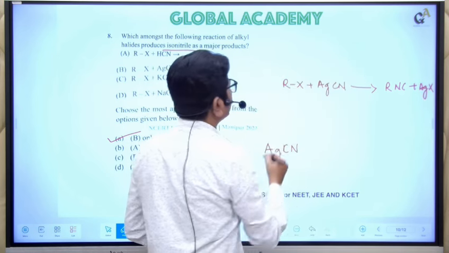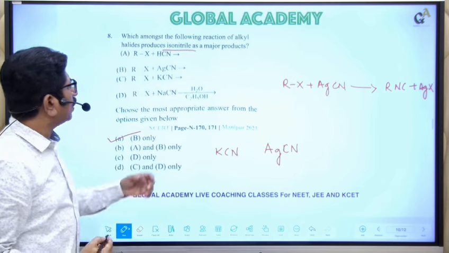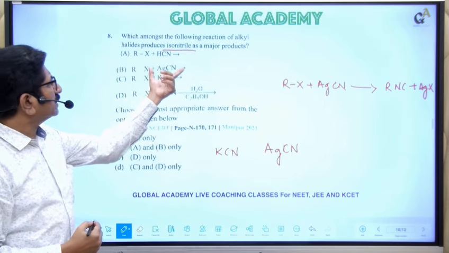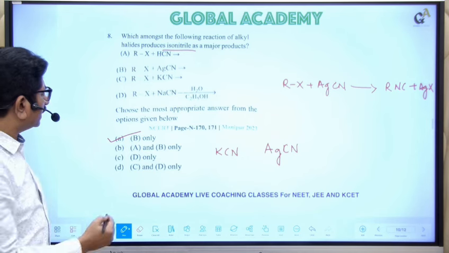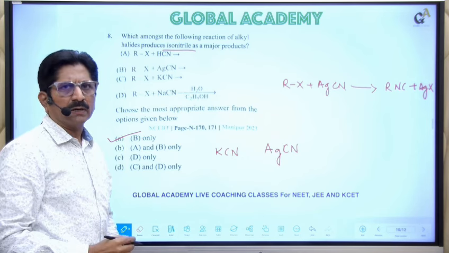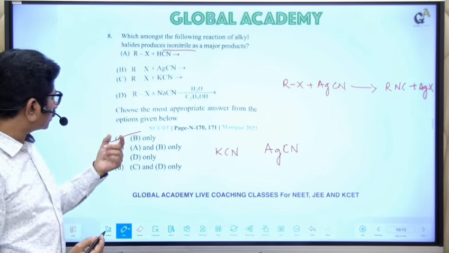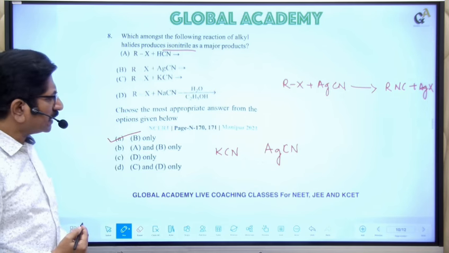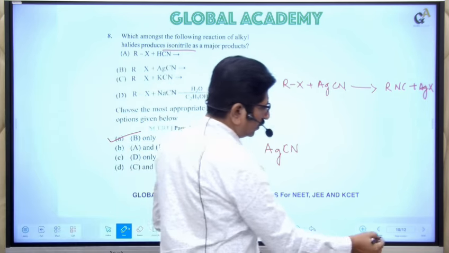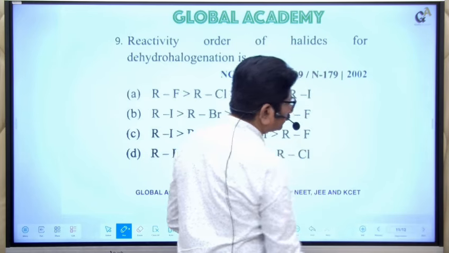The silver cyanide has the ability to do this, and because of that reason, option A is the correct option. Now go for the next one.